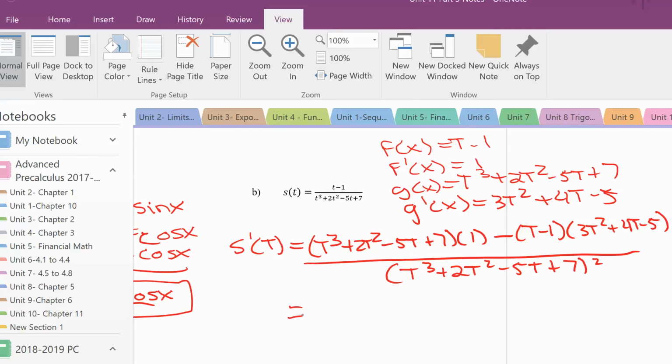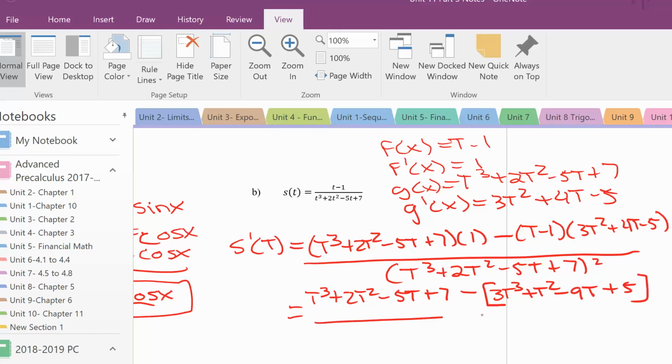So then when you multiply, you get t to the third plus 2t squared minus 5t plus 7 minus, and then you FOIL here. So when you FOIL, you get 3t to the third plus t squared minus 9t plus 5, all over this quantity squared.